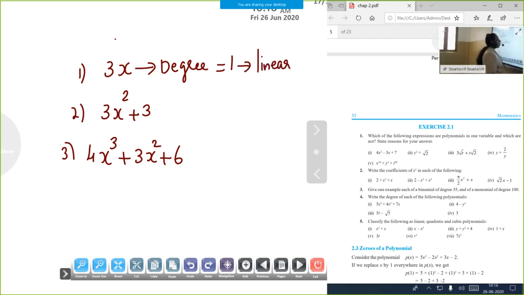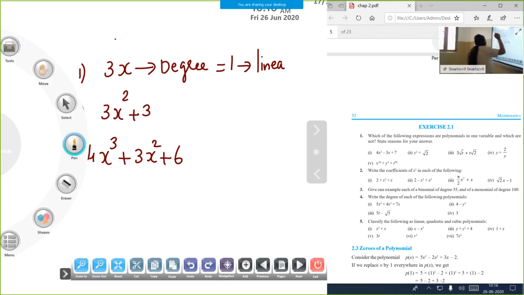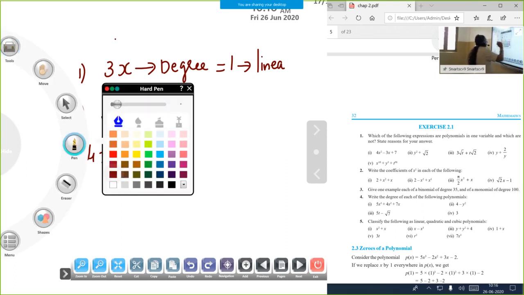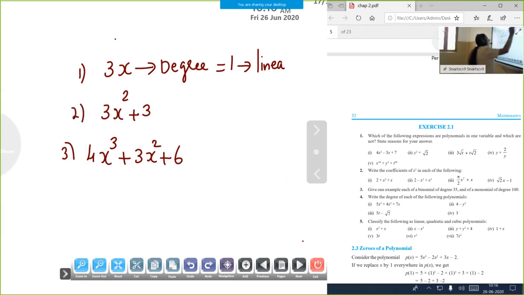If the degree is 1, it is known as linear polynomial. So it is known as linear polynomial.